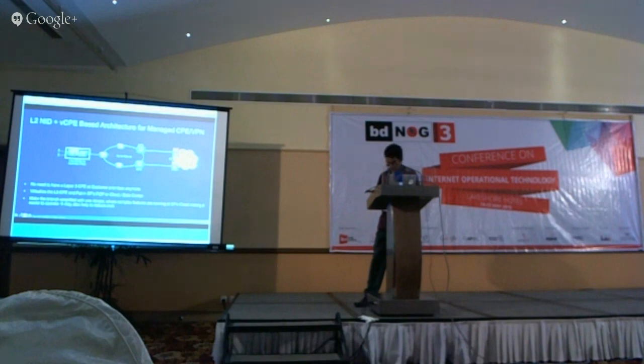The proposal of the L2 NID plus vCPE architecture was to remove this CPE from the branch and make the branch run with just a layer 2 NID only. But guess what? I need a routing function somewhere, so that the routing function has to run the routing on behalf of this customer branch. So the proposal was to take the physical CPE from the customer branch and spin this up as a VM in an NFV data center somewhere in the SP-hosted premises, running as a virtual CPE.